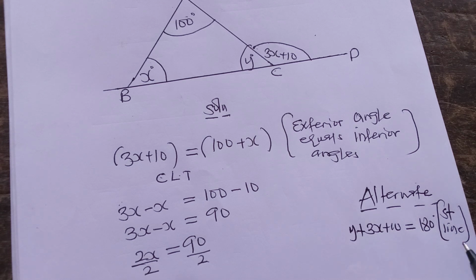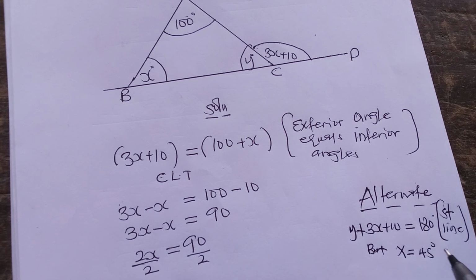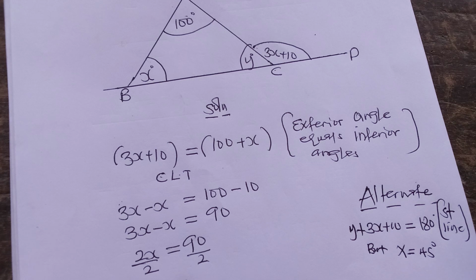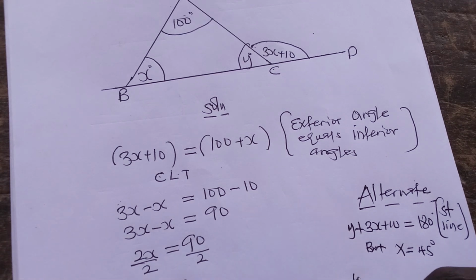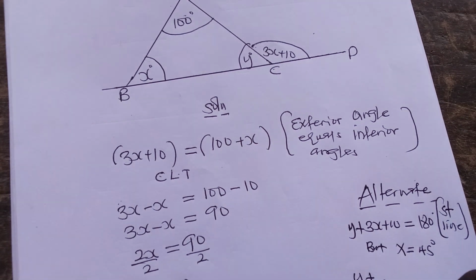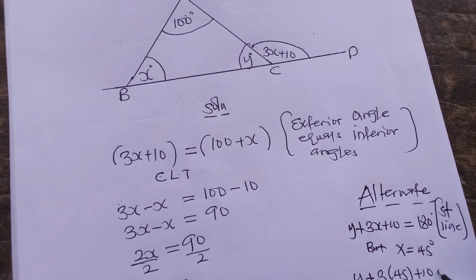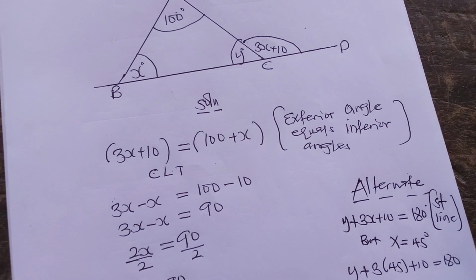We already have x as 45 degrees. We substitute now: y plus 3 times 45 plus 10 equals 180 degrees.